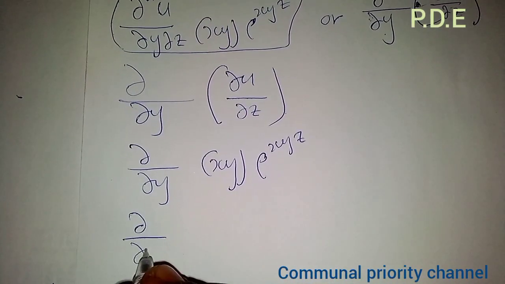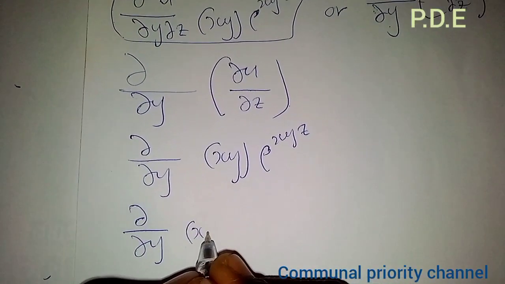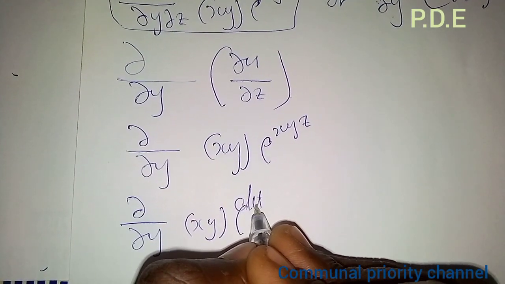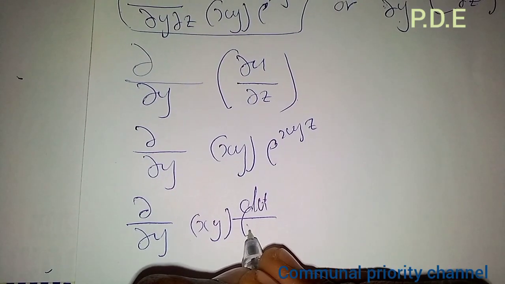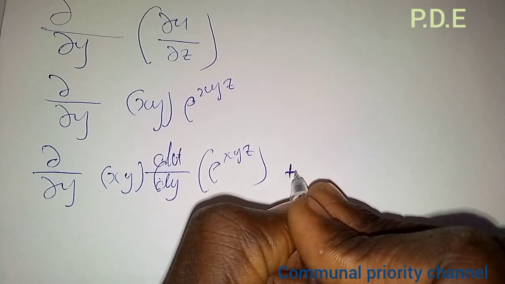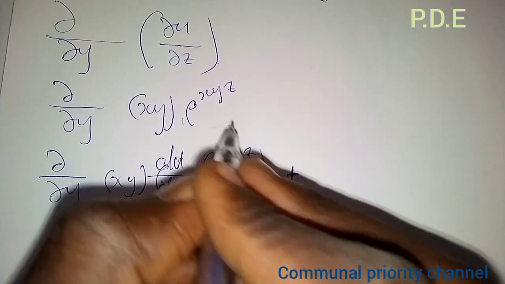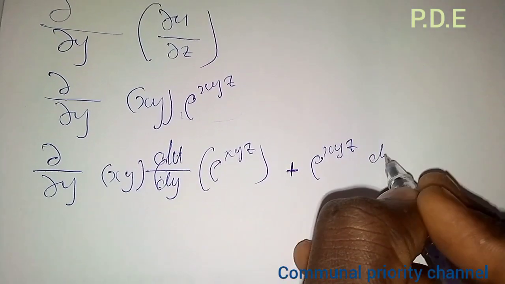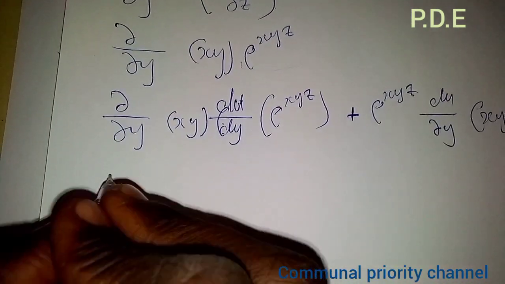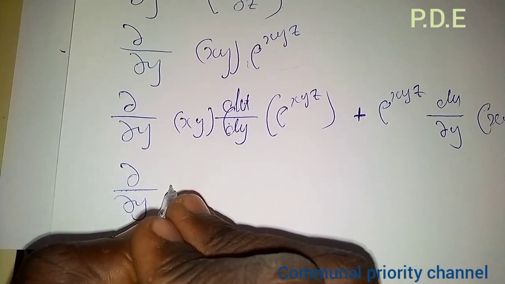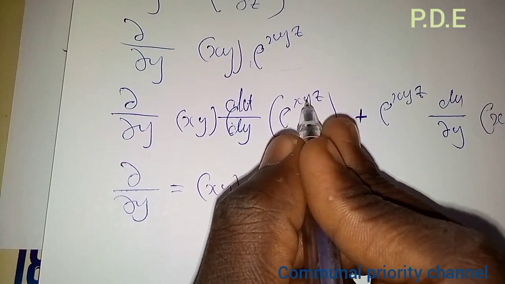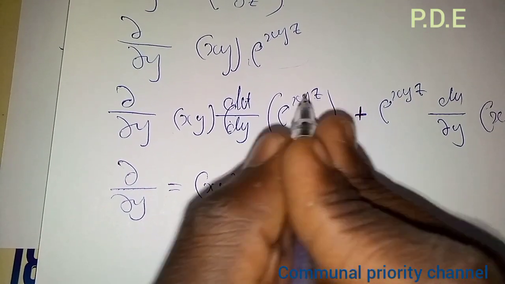Therefore, now our ∂/∂y of this will be what? (xy) multiplied by the differentiation, with respect to y, of e^(xyz), then plus, now we'll keep this one as it is, e^(xyz), then the differentiation with respect to y of (xy). So this will be ∂/∂y, keep this one as it is, so this will be xy. Then the differentiation of e^(xyz) with respect to y will be what?